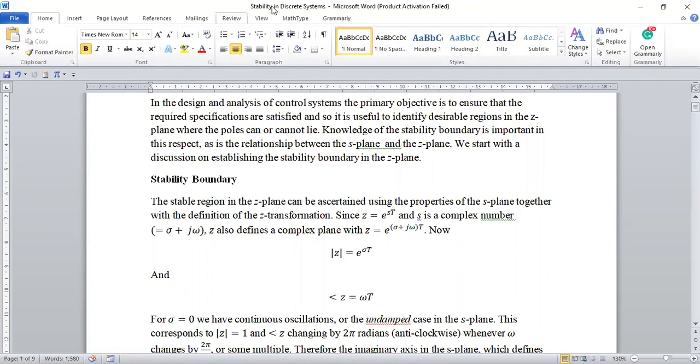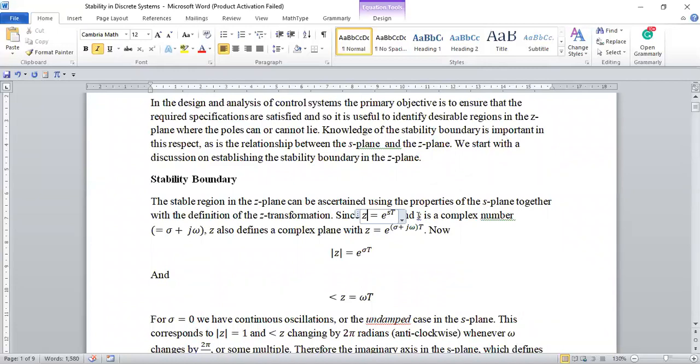But in this lecture, we want to consider how to ascertain the stability in discrete time systems or in the Z-plane. We already know this relationship that z is equal to exponential sT. So this relationship specifies the relationship between the Z-plane and the S-plane.